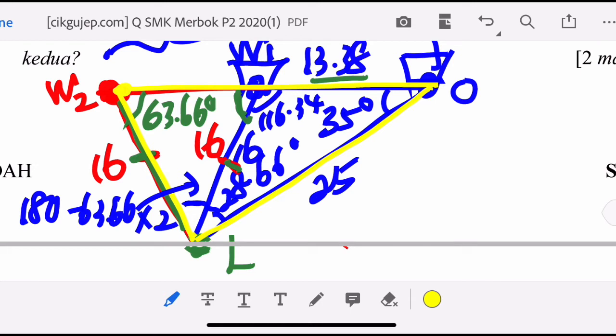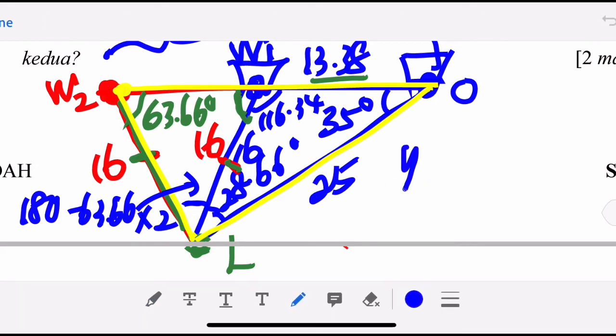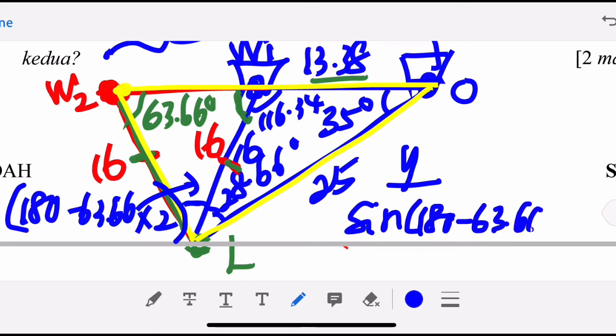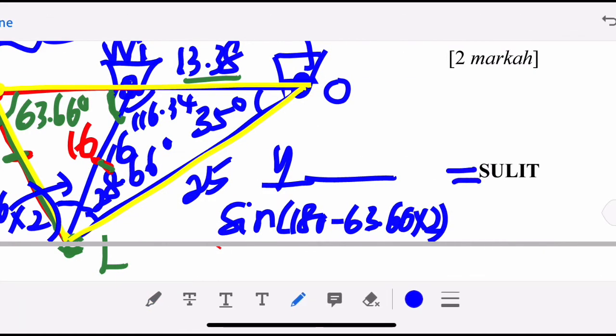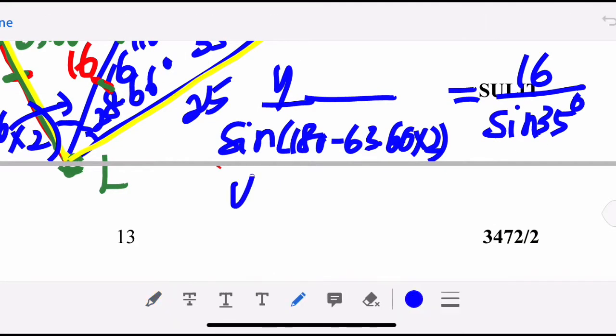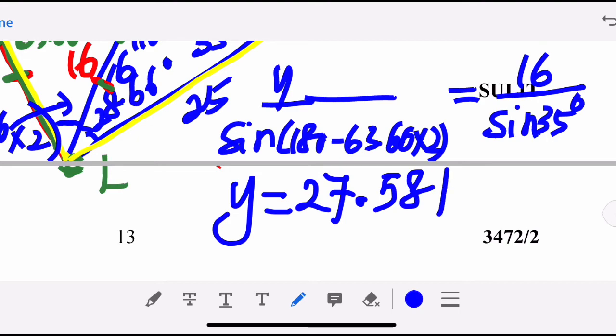Let's say you use y over sine of this angle, 180 minus 63.66 times 2, equal to 35 and 16. Solving, y should be longer, which is 27.58 kilometers.